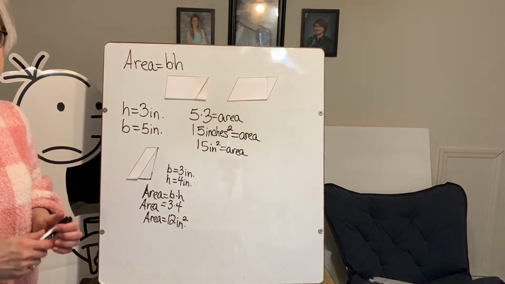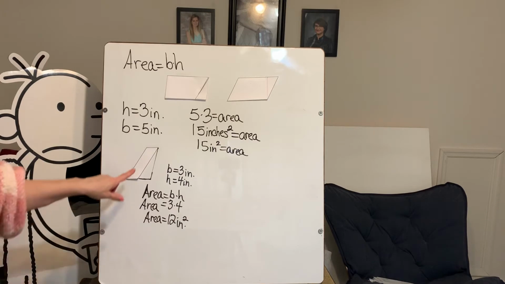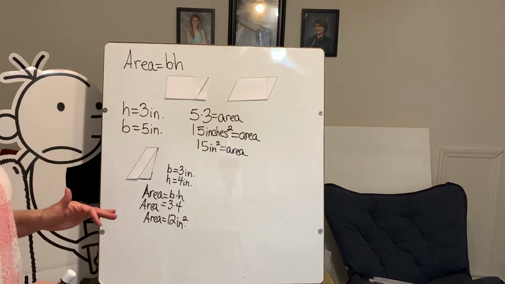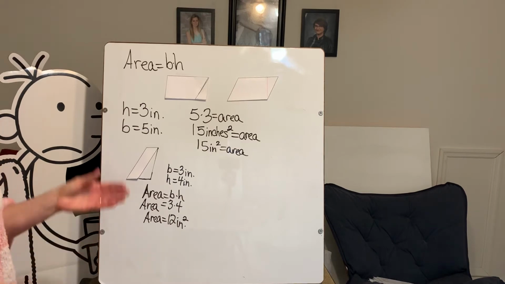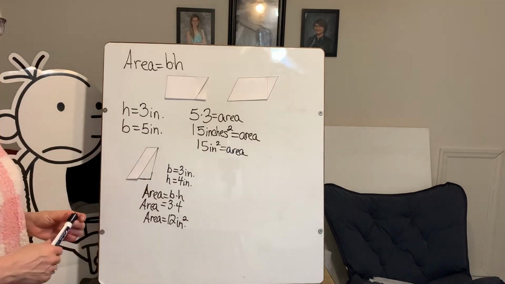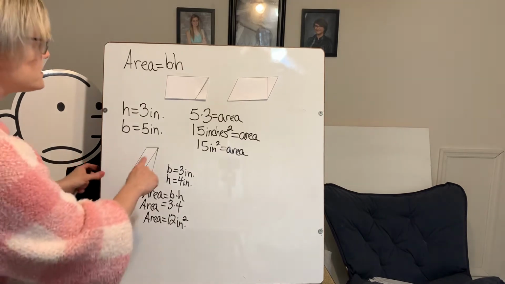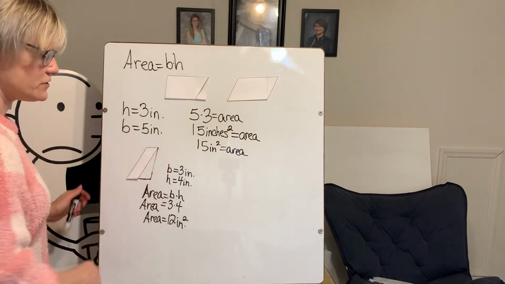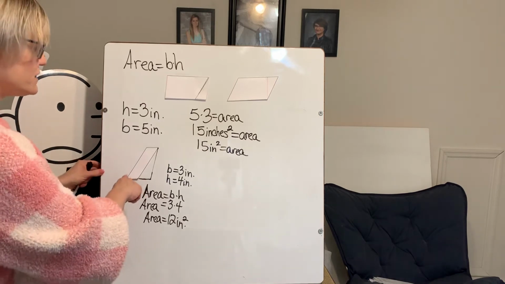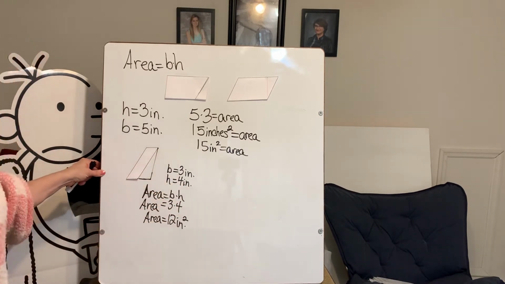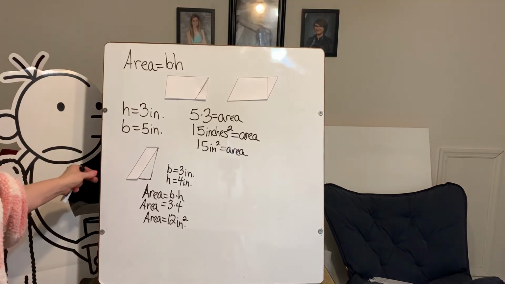All right? So remember that a parallelogram can be deconstructed and made into a rectangle some of the time. Some of the time you're going to have to add on out to the side in order to get your base and your height in order to figure the area of the parallelogram.